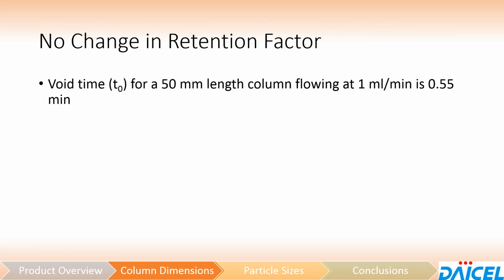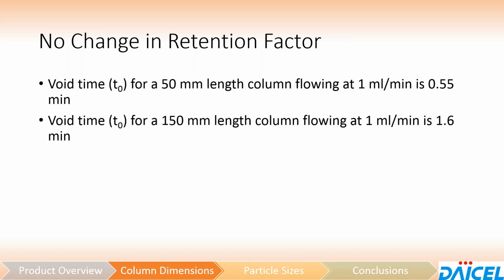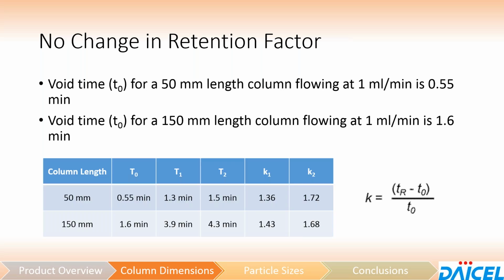If we look at the actual void time of a given column, for a 50 millimeter length column flowing at 1 mL/min, that time is approximately 0.55 minutes. And for a 150 millimeter length column, it's somewhere in the neighborhood of 1.6 minutes. If we plug those numbers into our equation for k and use the TRs from the previous chromatogram, you see that for the most part, k1 and k2 are roughly the same between the two columns.